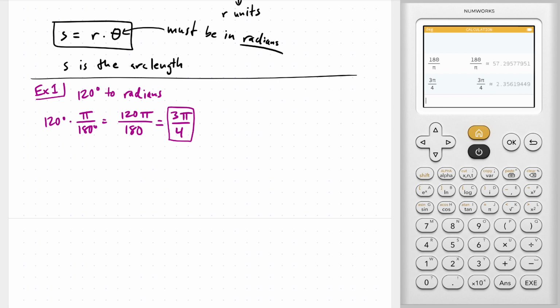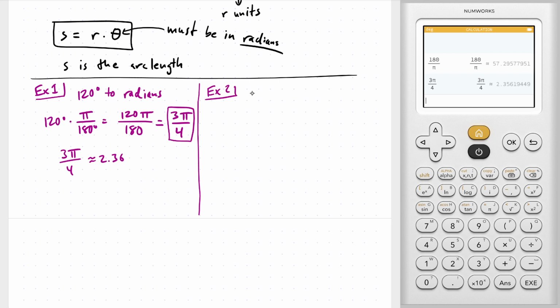Okay, so 3 pi over 4 is approximately equal to 2.36 radians. So sometimes I may ask for an exact value, which would be this right here, or if I ask for an approximate value, the decimal approximation, that would be this right here. So that's example number 1. And now let's do example number 2.